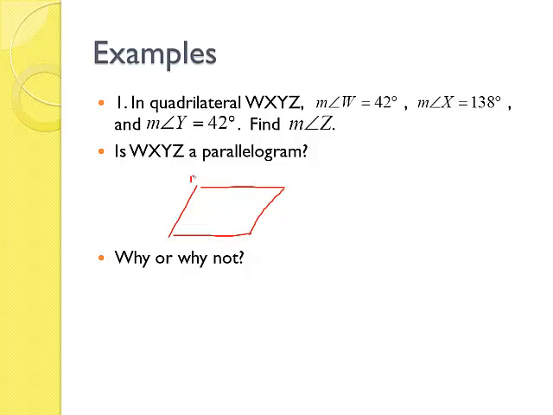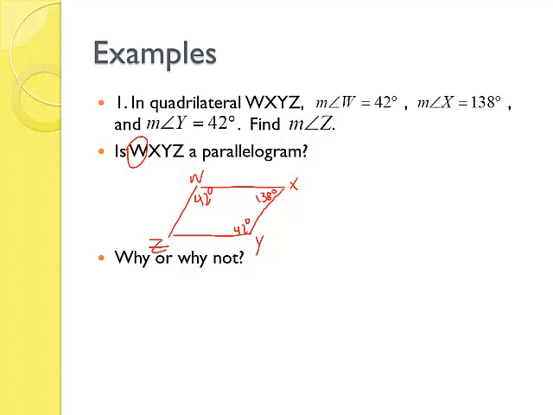I'm going to start off with the first letter they give me and go around clockwise or counterclockwise, it doesn't matter. W, X, Y, Z. So we have W, angle measurement is 42 degrees. We also know that angle X is 138 degrees. And last but certainly not least, we know that Y is 42 degrees.